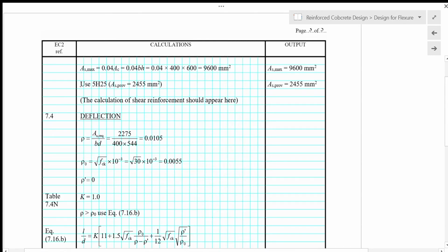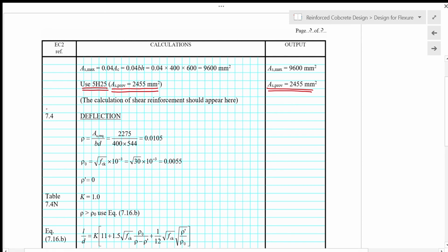So we use 5H25, meaning that we're using 5 numbers of 25 mm bars of high-yield steel to give As provided equals 2455 square millimeter. So we put the As provided equals 2455 square millimeter on the output column.